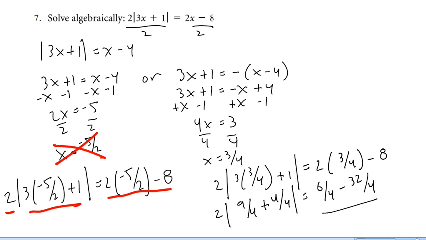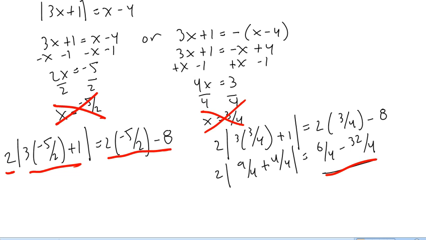And notice that is also going to be negative. So, no good. So neither of those possible solutions will make our original true, so we have no solution. There are no values of x that will make that equation true.